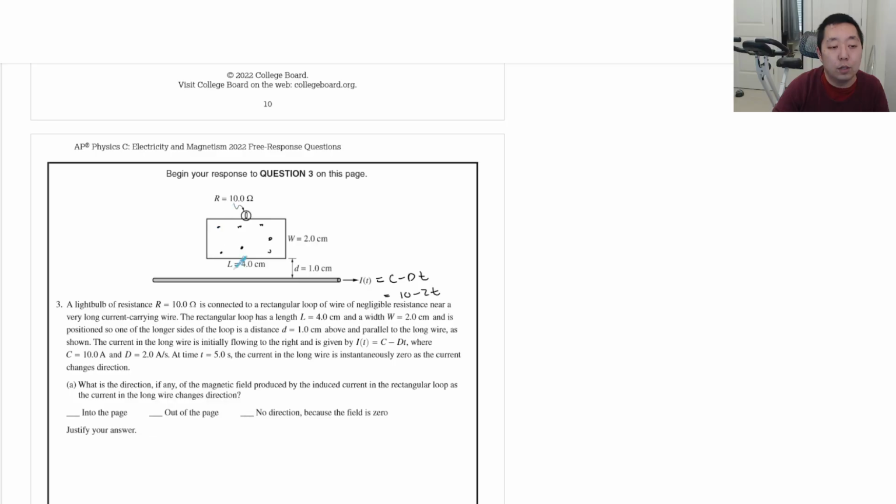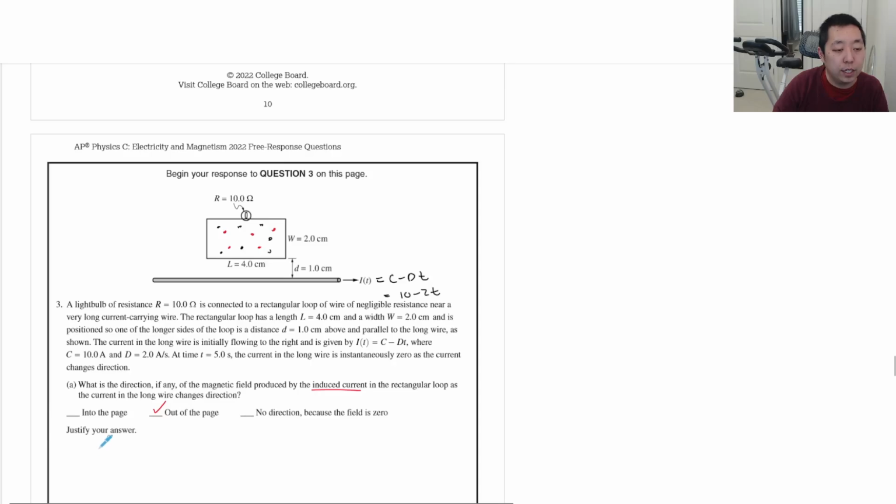But the loop doesn't like change. It resists that change, so it produces its own magnetic field to compensate for the change in the flux. That's Lenz's law. It's going to compensate for that difference by creating its own magnetic field. The induced magnetic field will be out of the page.